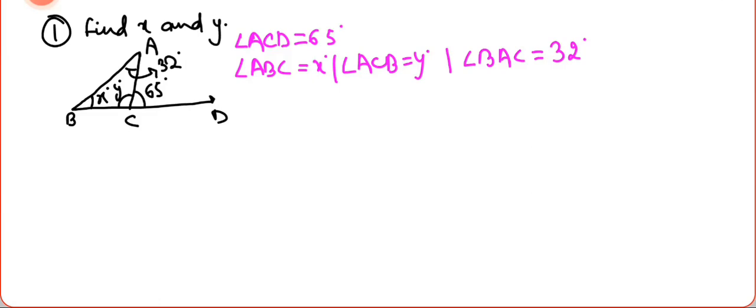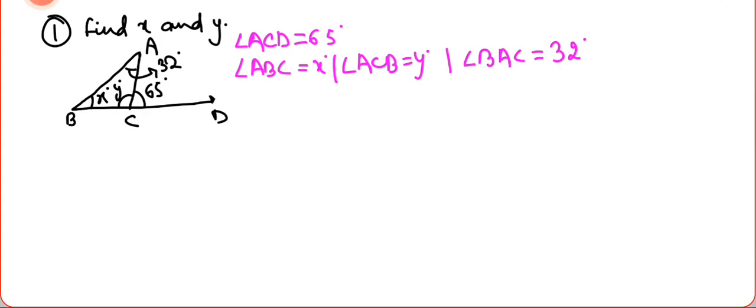When we subtract 65 from 180 degrees, we will get the value of y. And angle A plus angle B plus angle C, that is 32 degrees plus x plus y, from the angle sum property of a triangle is equal to 180 degrees. From this process also we can find the values of x and y.